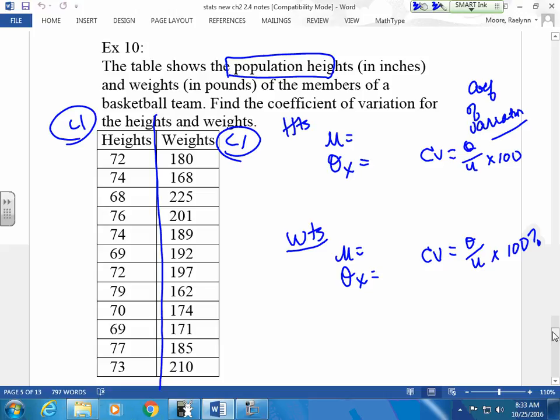Did this group find me a mean and a standard deviation? A mean? 72.75, so we'll make it 72.8. Did you find me a standard deviation? Okay, so we'll make it 3.3, because this is one more decimal than our data.